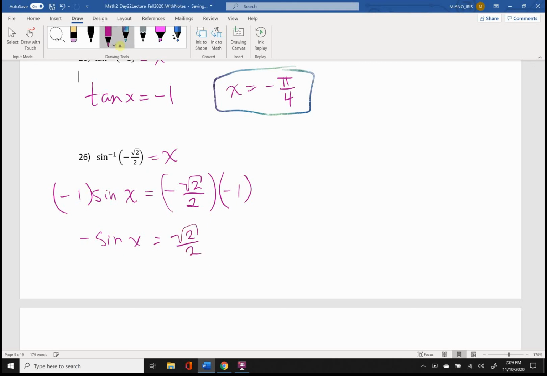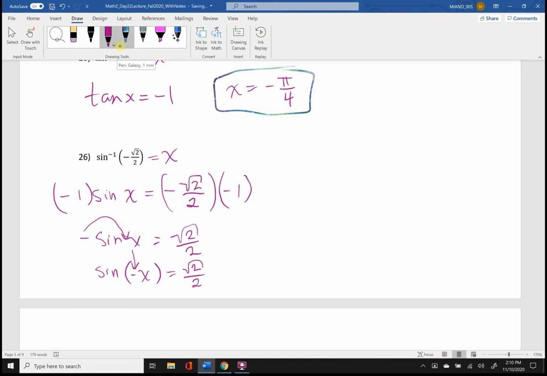Okay, and then I can use the oddness of it to say, all right, this is equal to the sine of negative x, root 2 over 2. So when do I have a root 2 over 2 for sine? Well, it could either be 3 pi over 4 or pi over 4, but which one is going to be within the appropriate range of values for x? It's going to be pi over 4, but it's got to be negative, okay?